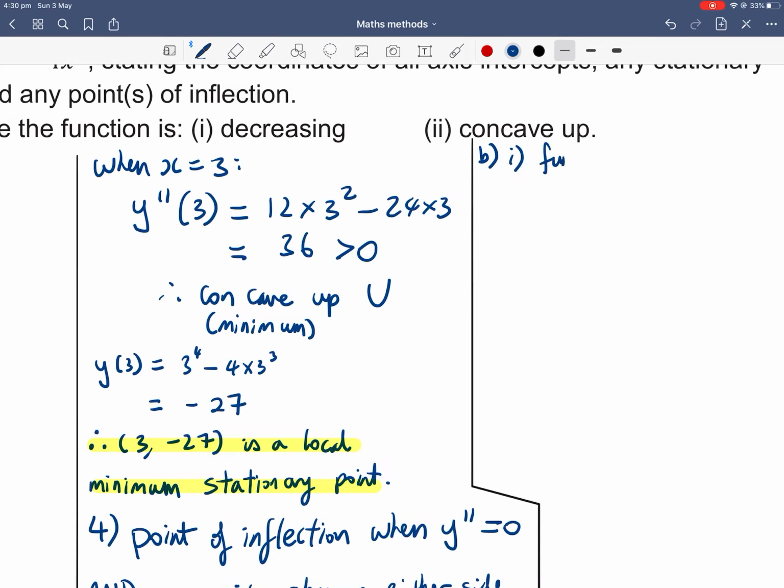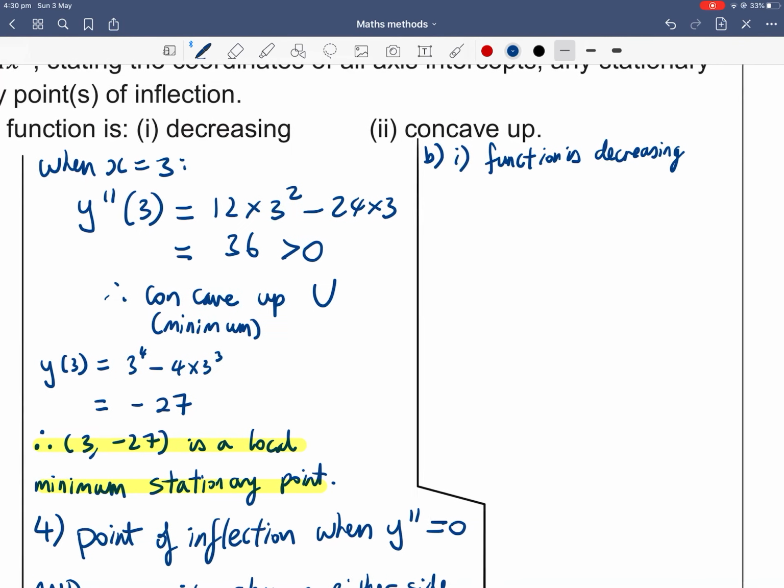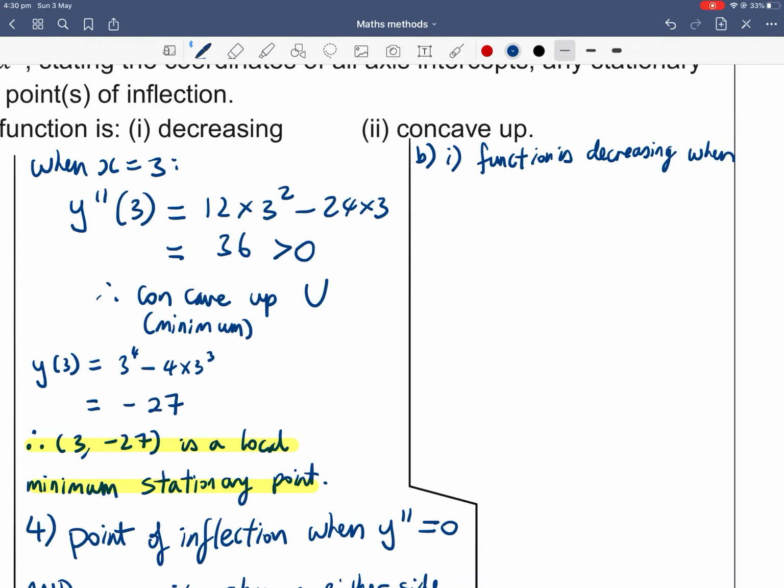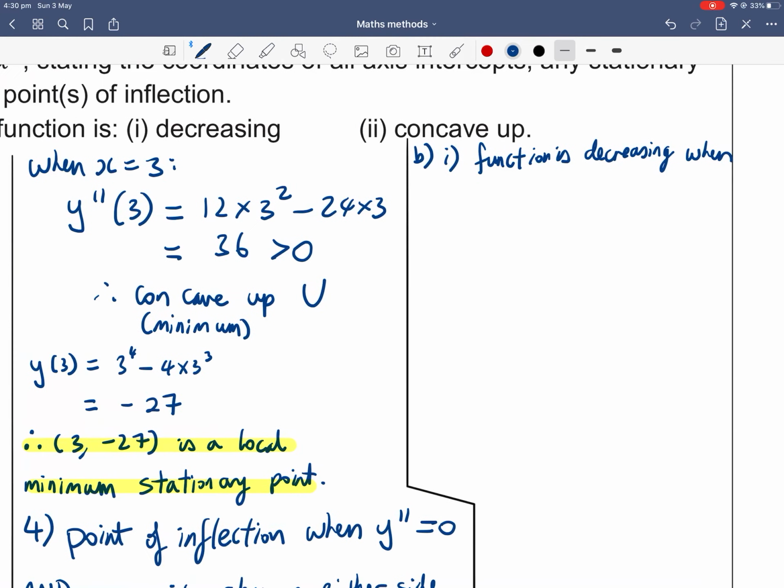So B part 1, function is decreasing when y dash is less than 0. So that's the definition of decreasing. So this is going back to 2 lessons ago.